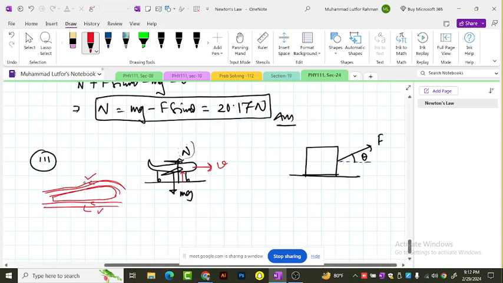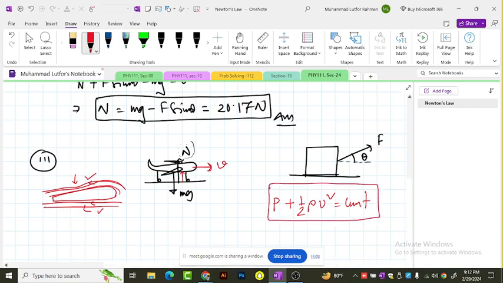If the speed is high, then the pressure will be low. If the speed is low, then the pressure will be high, which is the Bernoulli's equation. It says P plus half rho V square is constant. This is the simplified form of the Bernoulli's equation.